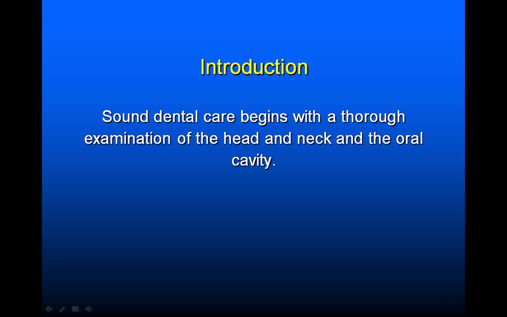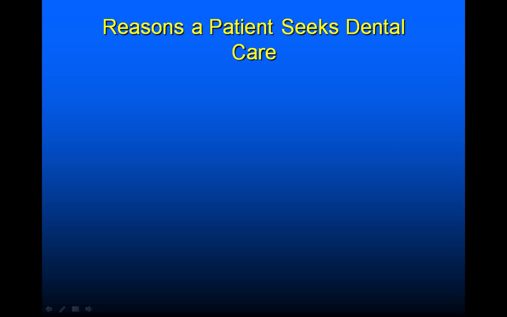The basic introduction to this chapter is that sound dental care begins with a thorough examination of the head, neck, and oral cavity. There are 4 typical reasons why a patient seeks dental care. The first example is a new patient.